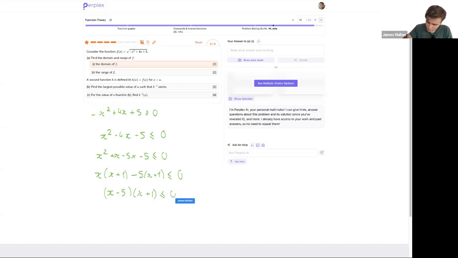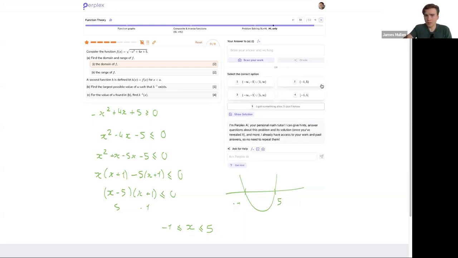What does this look like? This has roots at 5 and -1, and I have a concave up quadratic. I'm looking for where it's less than 0, so between the two roots. So I want x greater than or equal to -1 and less than or equal to 5. Let's check. So from -1 to 5 inclusive.